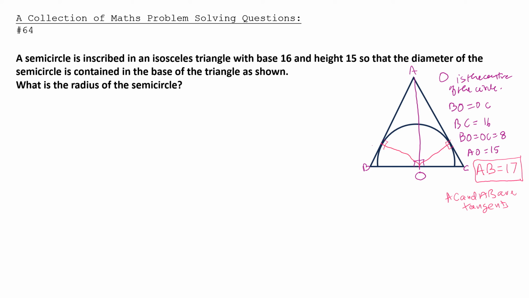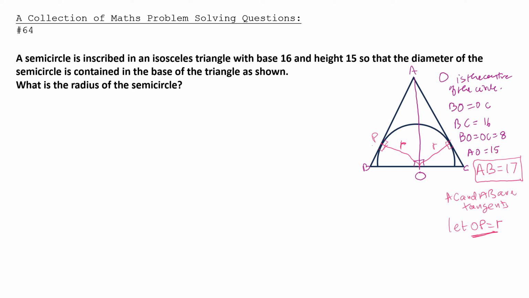So if I name it P, I can say OP is perpendicular to AB. And if I just call the radius R, because I don't know what R is, that's what I have to find out. So OP equals R.